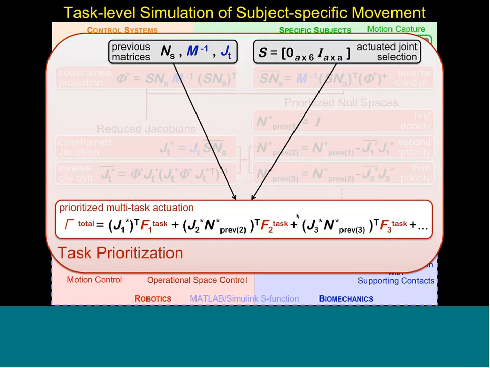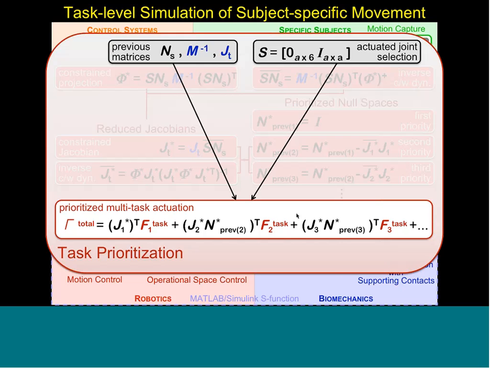It's called the prioritized multitask actuation. Think about it: we defined 3 different tasks, the first task was center of mass, and the second task was swing leg. How do we guarantee that the secondary tasks do not interfere with your primary task? The mathematical way of doing that in the robotics literature is to put the secondary task in the null space of your previous task, or the primary task.